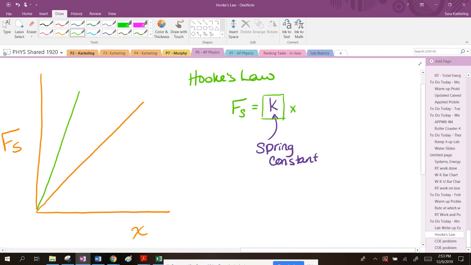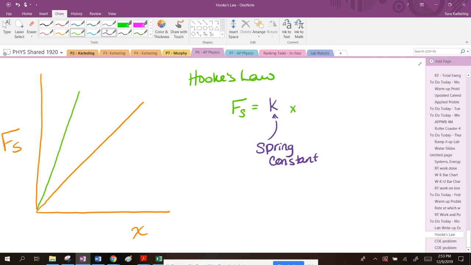One little thing that we didn't add here is that the spring in Hooke's law, we're back to directionality, and that matters. Hooke's law says that the spring force will always try to restore the spring to its original size, to its original equilibrium.